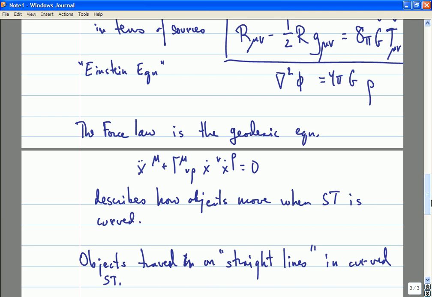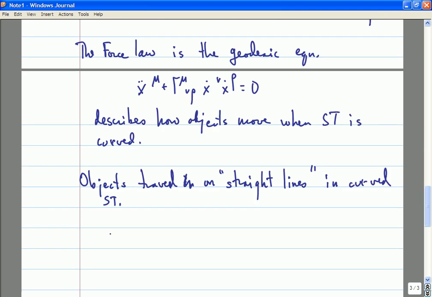So intuitively, the way that you should think of it is the following. In the absence of gravity, space-time is completely flat. You could think of it as a flat piece of paper. And a straight line on a flat piece of paper is just a straight line. It's what you always think of as a straight line. And in the absence of gravity, nothing special is happening, and a straight line is just your usual notion of a straight line. However, if you have some matter present, if you have some curvature present, then space-time is curved.